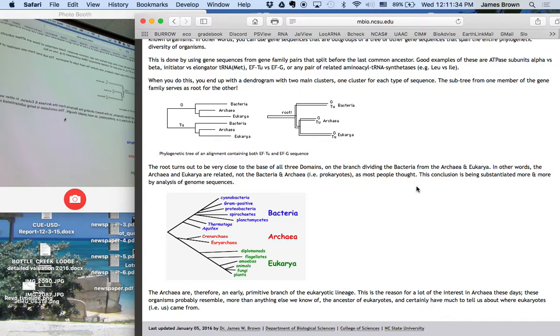And those organisms are archaea. You can learn a lot about how eukaryotes work by studying archaea. And this actually has been the major impetus for people studying archaea as a primitive early branch in the eukaryotic domain.